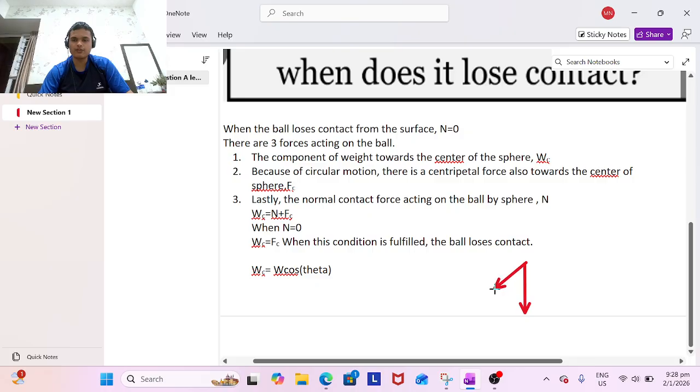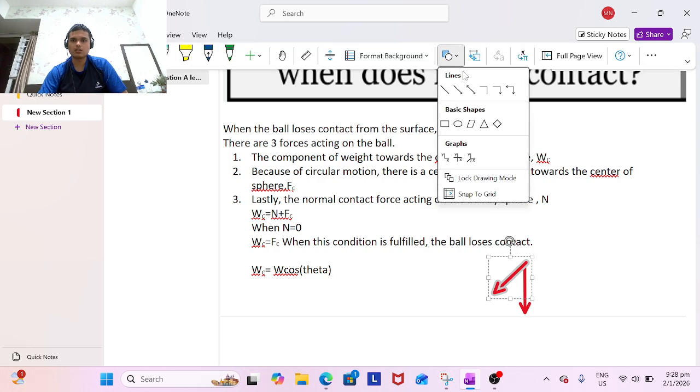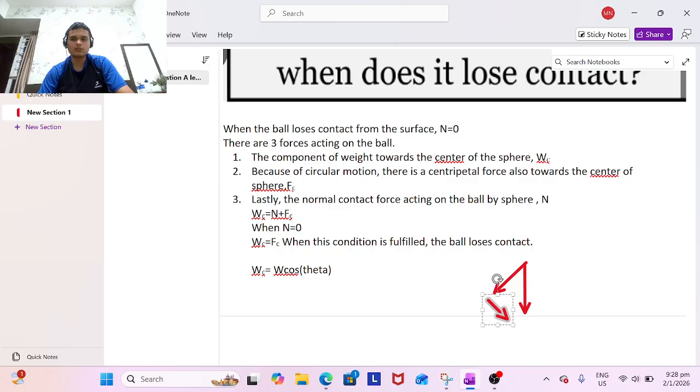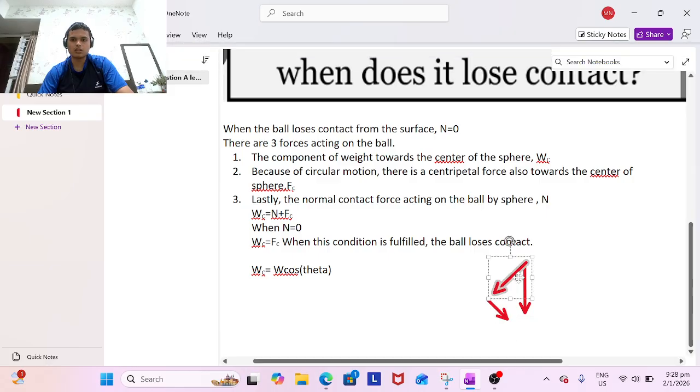You also have the component of weight along the center, towards the center, and you also have this. Sorry, I just need to draw this.